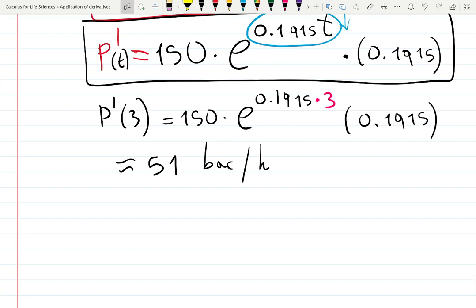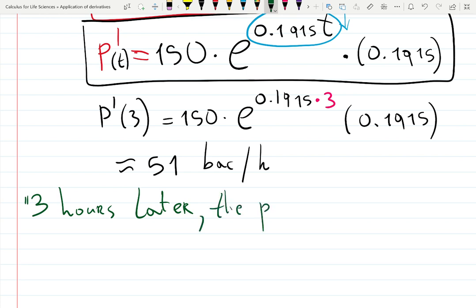So to explain this phrase, it means 3 hours later, the population is increasing. As you can see, it's positive, right?